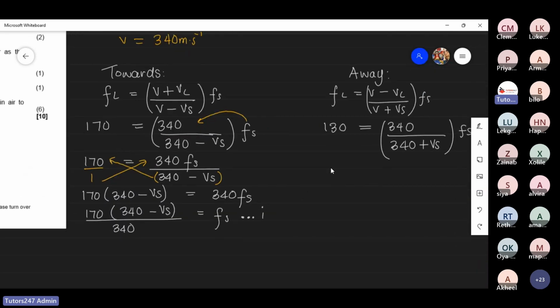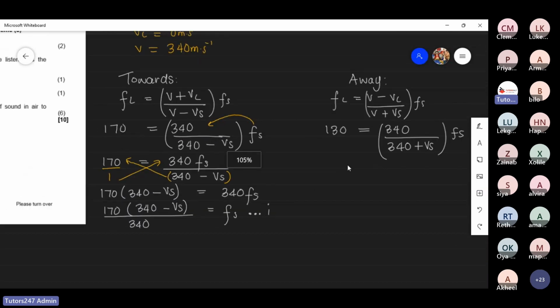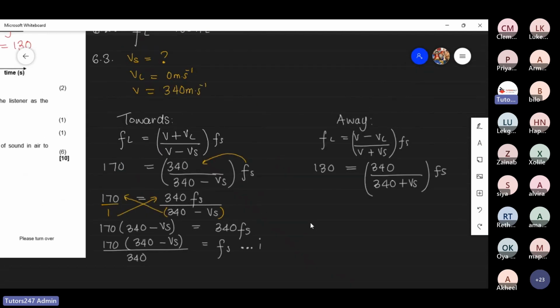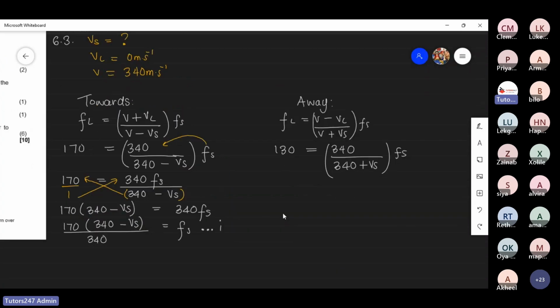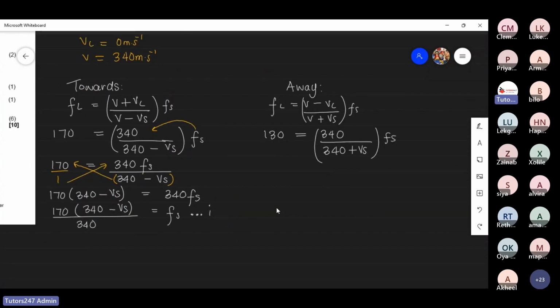All I did was, in order to create my towards equation, I substituted the known values. From that point, I had two unknown values, therefore I made Fs the subject of my formula.